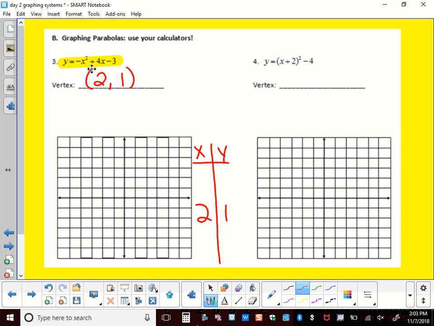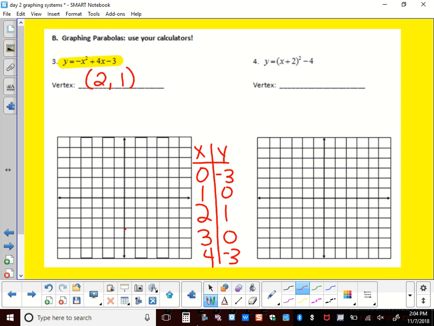Actually, start with the one right above 2, 1. 1, 0. What's next? 0, negative 3. All right, so then we have 3, 0. And 4, negative 3. Okay. So let's plot those points.